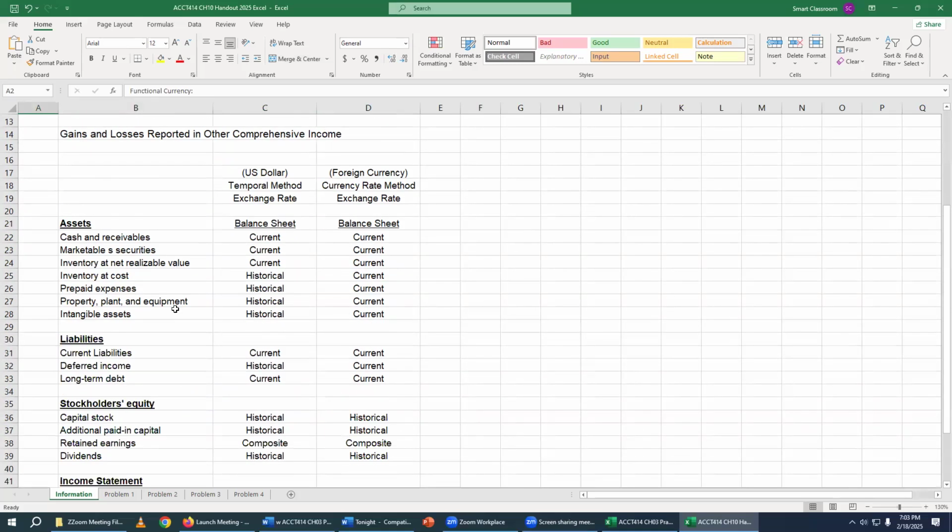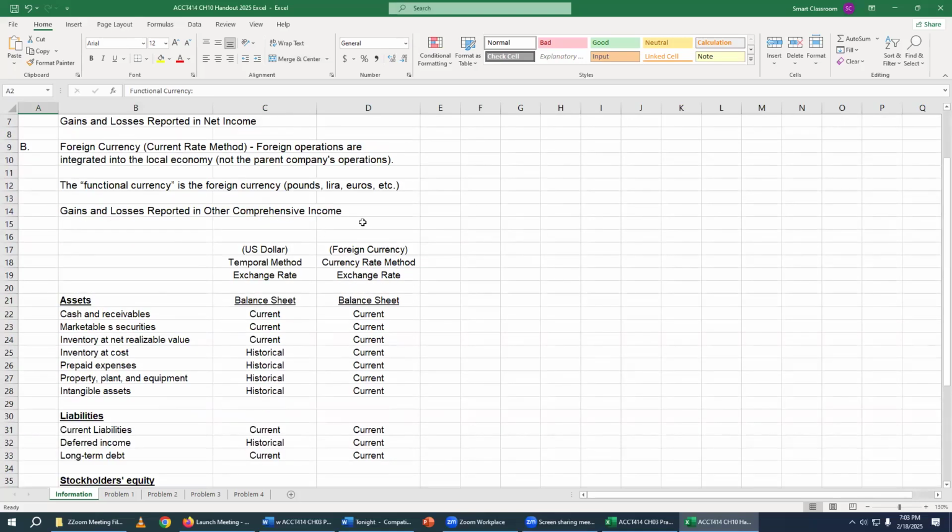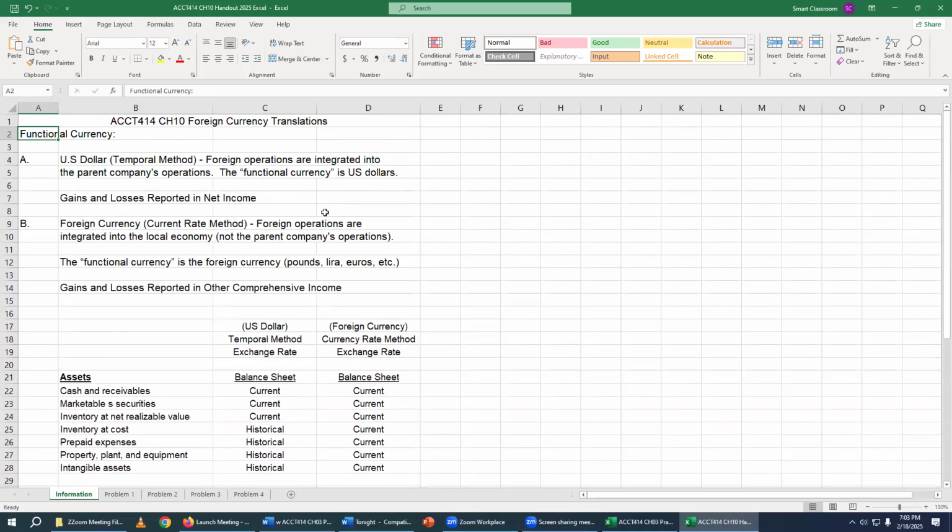This is when we are translating a foreign company, usually a subsidiary, and we're bringing it into the U.S. financial statements. Now, there are two ways it could come about. It could be that we were just trying to translate it, and it's not big enough to actually put on our books as a consolidated financial statement. They generally have a certain size that they use for consolidation. However, it could also be that we're actually going to try to consolidate it.